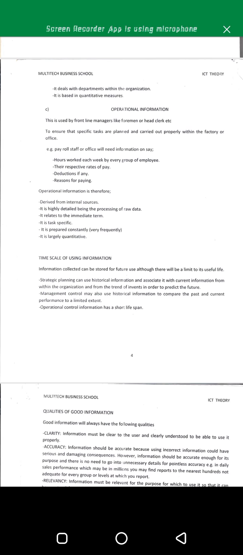It is prepared constantly since it keeps on changing. It is largely quantitative in nature. So this information is not summarized. You cannot make decisions based on this information. You have to first analyze it, summarize it, and then send it to middle management.